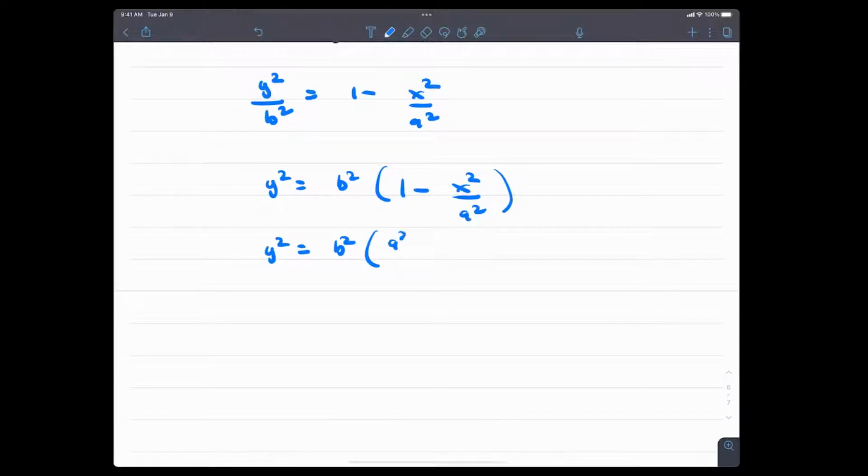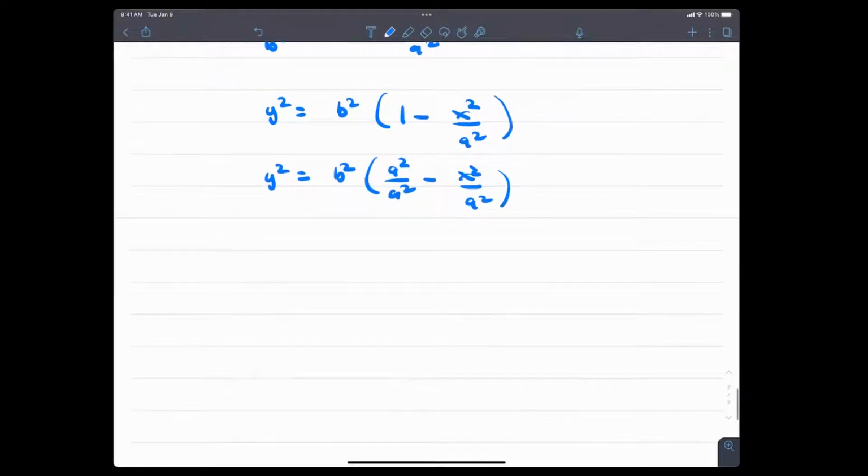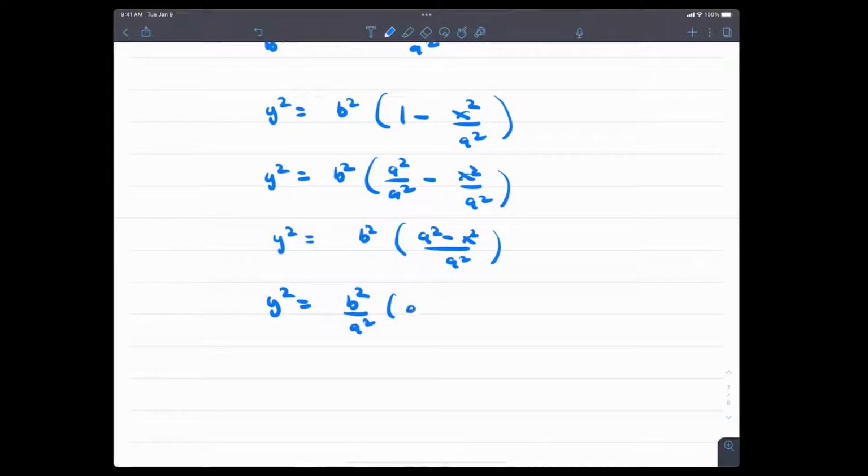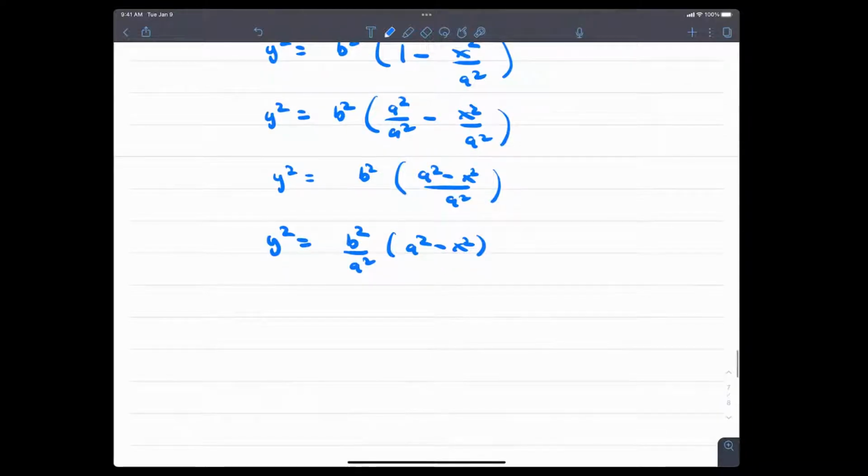Replace 1 with a squared over a squared. Now we can subtract. I get a squared minus x squared over a squared, and I can pull out the a squared. I get b squared over a squared times a squared minus x squared. Now this is the function y squared.